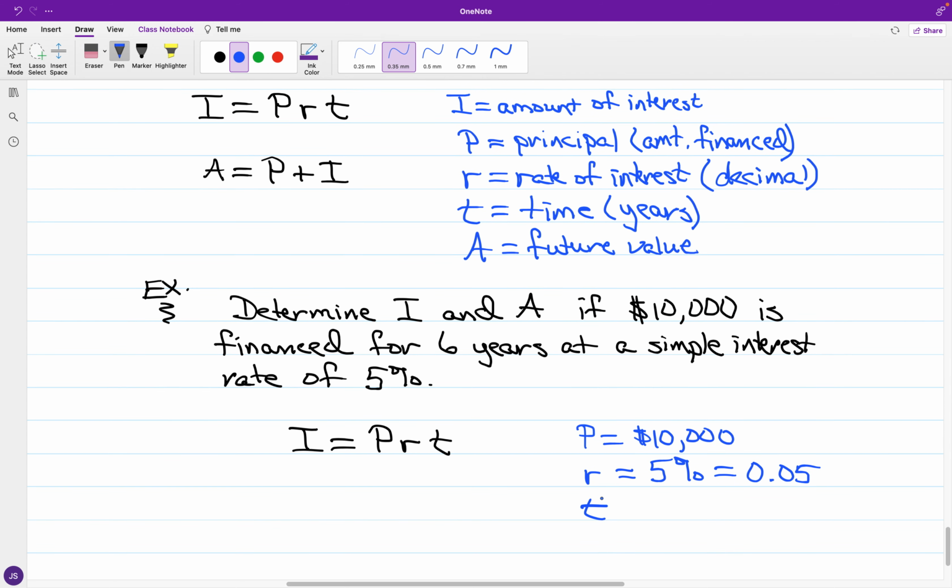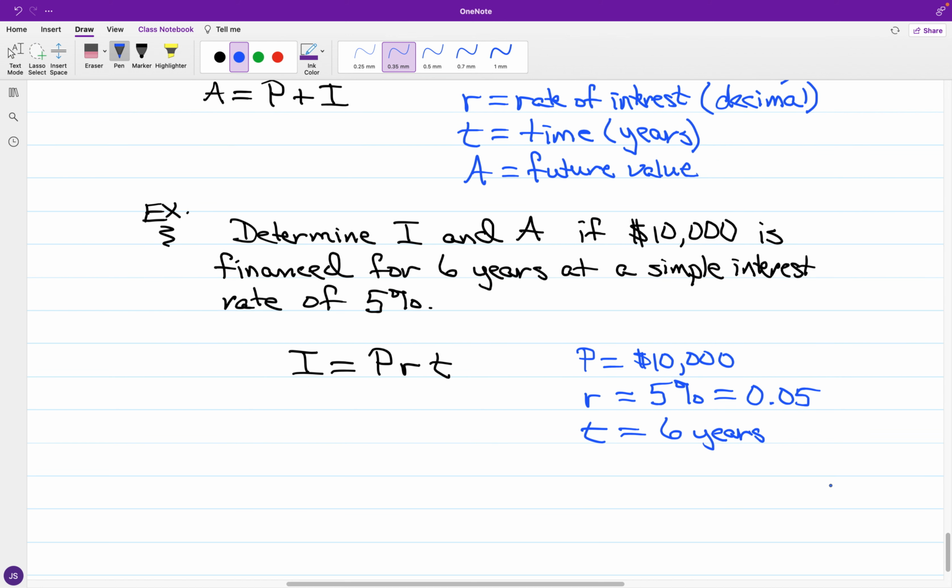And for the amount of time, we're looking at 6 years.